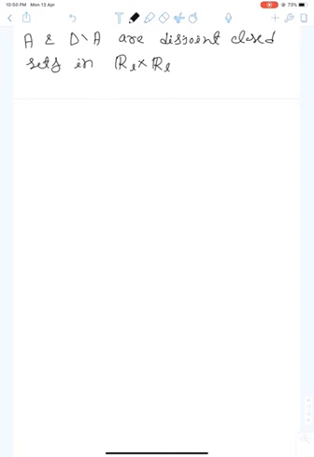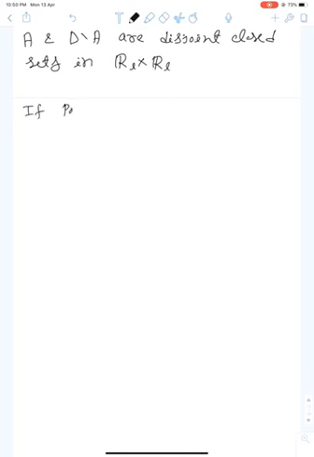Now suppose, if possible, RL cross RL is normal.